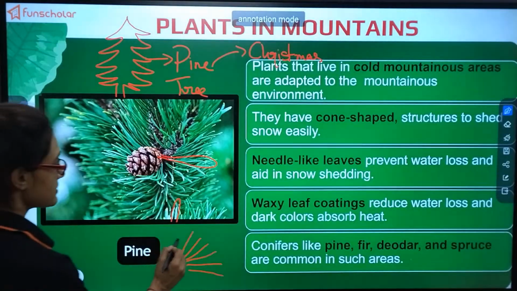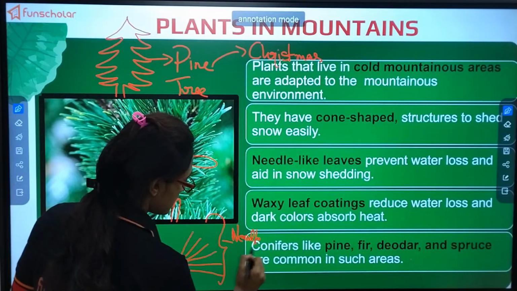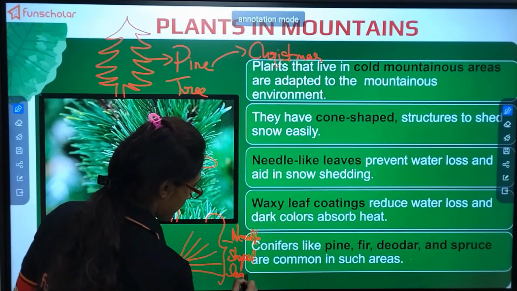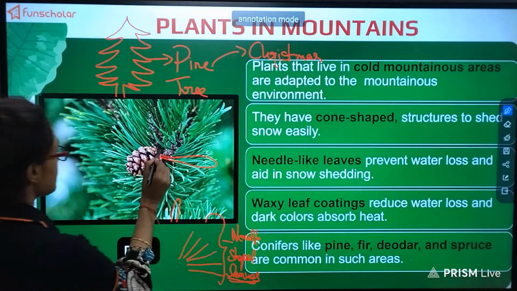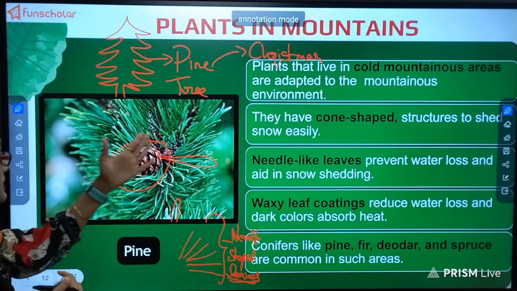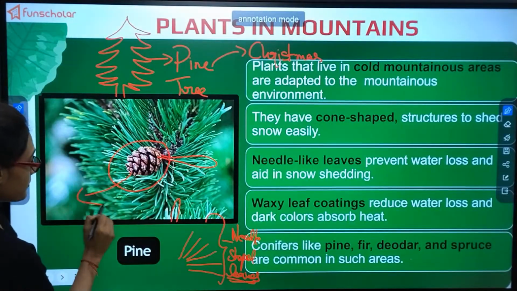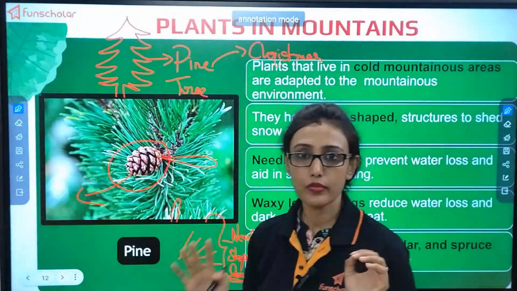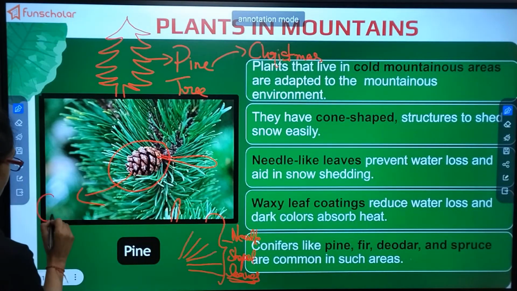Okay, these are known as needle-shaped leaves. And look at this. This is the fruit. Okay, sorry, this is the flower. This is the flower of the plant, which is an incomplete flower, not like the kind of flower we see in our surroundings. It is very hard in nature. Okay, this is known as a cone.